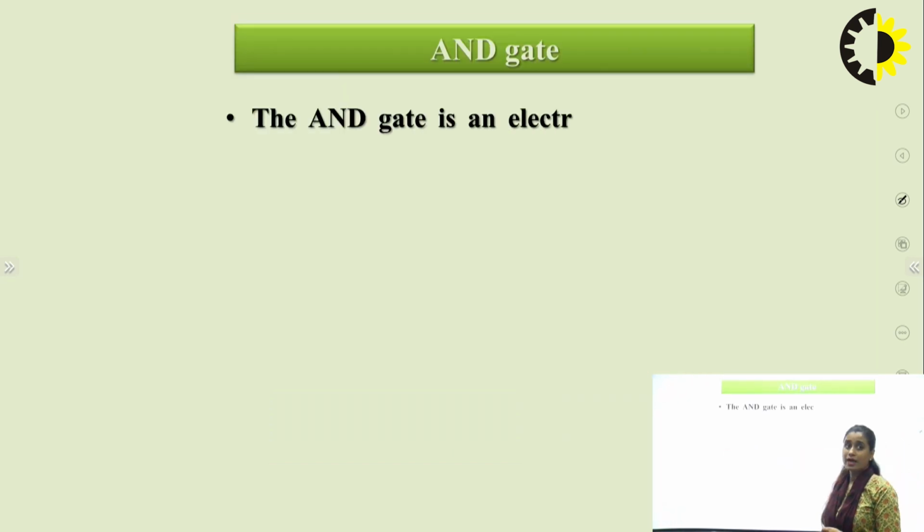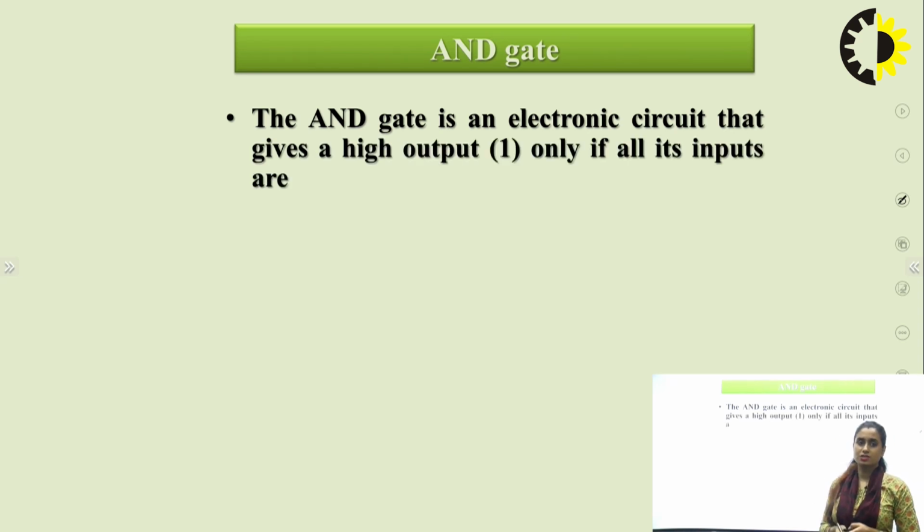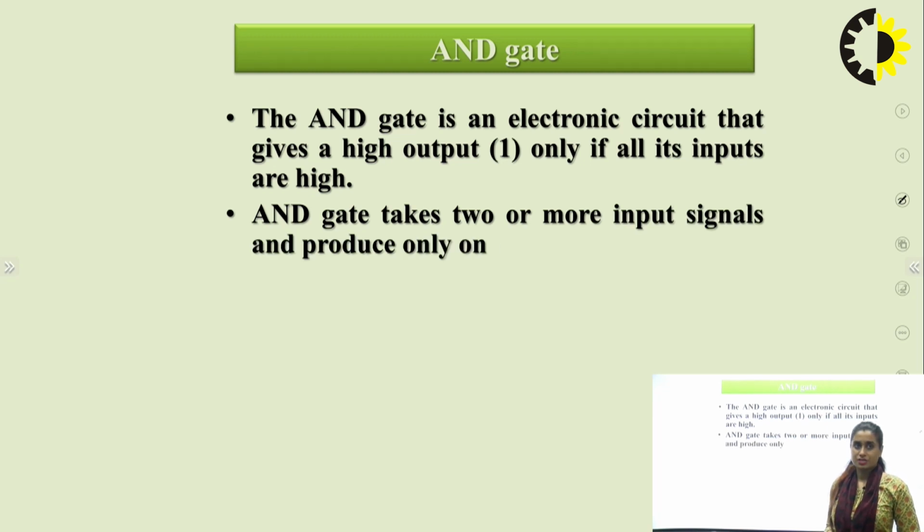Let's talk about the AND gate. As the name suggests, the AND gate is based on the logical operation which is mathematical multiplication. An AND gate takes 2 or more inputs and produces 1 output. It is an electronic circuit that gives a high output only if all of its inputs are high, because in logical multiplication, 1 into 1 will give you 1, and 1 into 0 will always give you 0.